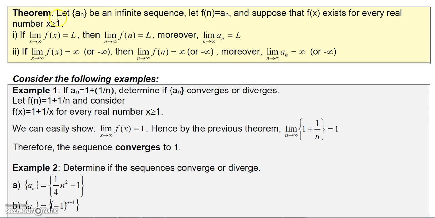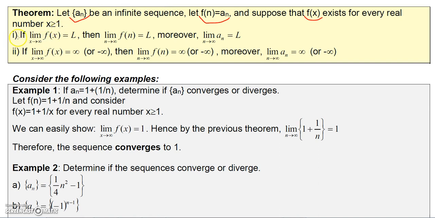Now, this theorem relates sequences to functions. So let me show you how this works. Let's say that you have a sequence a sub n, and we'll say that f of n is the nth term. Now, suppose we have a function f of x that exists for every real number greater than or equal to 1.